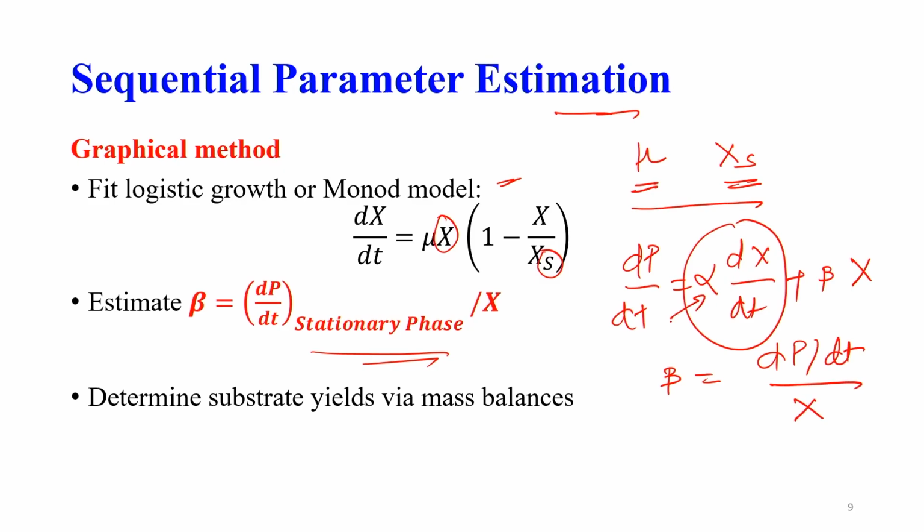Similarly, one can find the value of alpha during the growth phase. Once alpha and beta are known, the substrate yield can also be calculated by a simple mass balance, which we discussed in week 2.